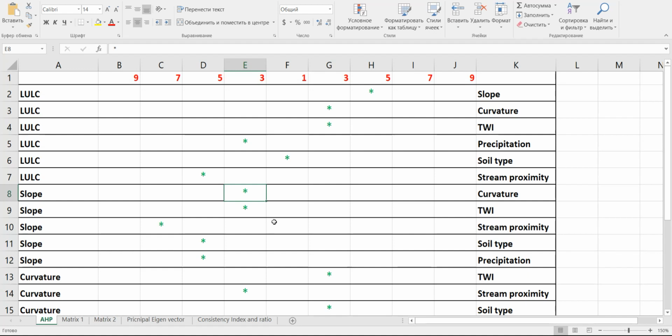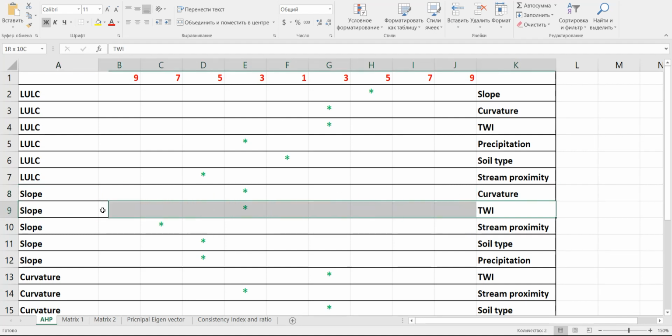Even in the RUSLE model, the SWAT model, and other types of models, slope is vital when it comes to understanding soil water erosion proclivity. Moreover, curvature is derived from the digital elevation model as well as slope, but curvature is more complicated.